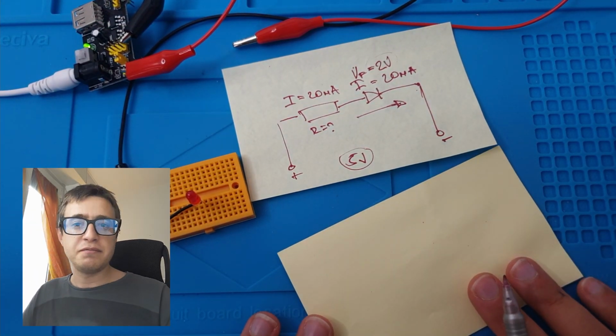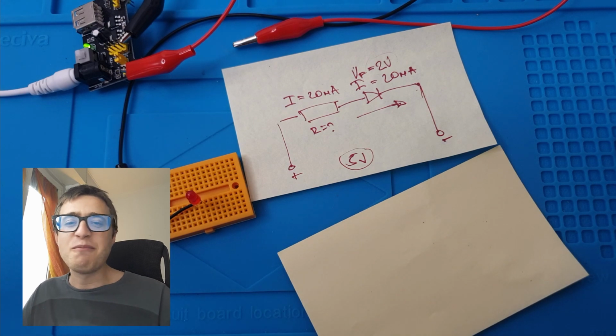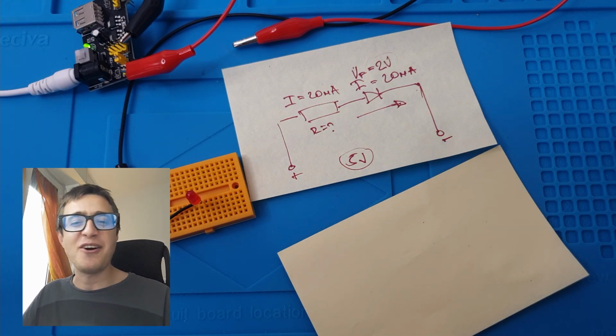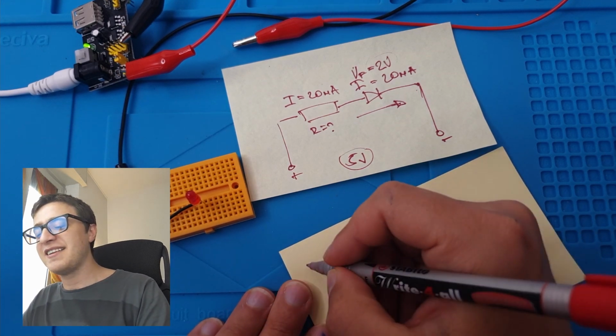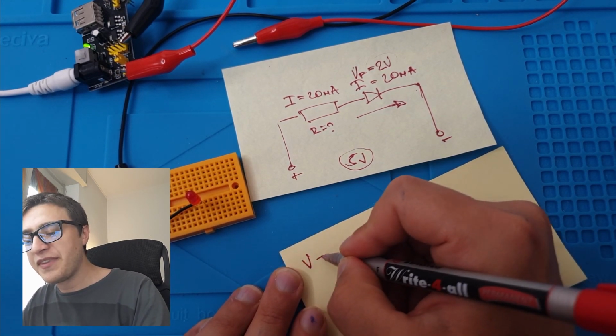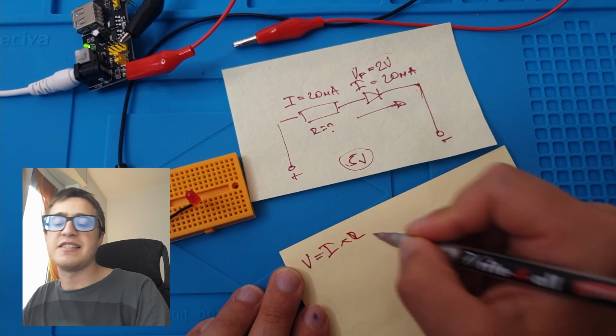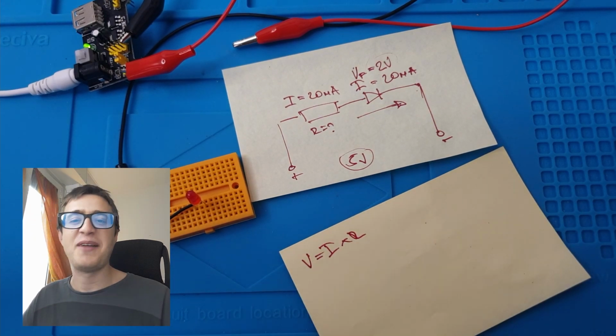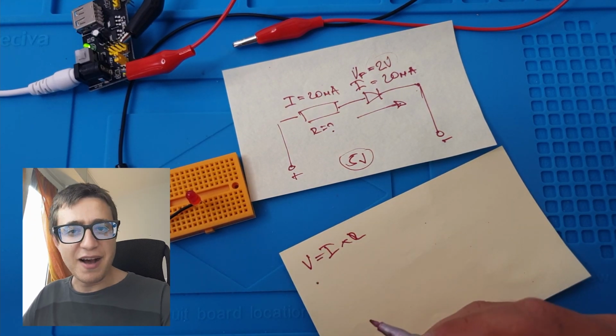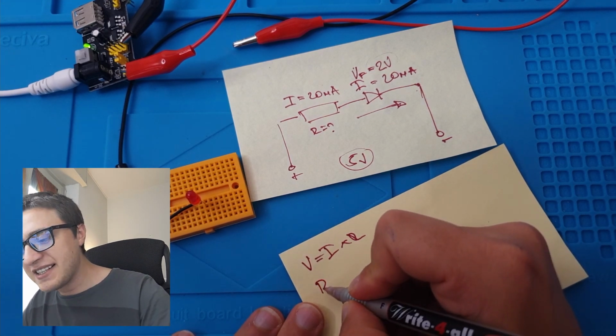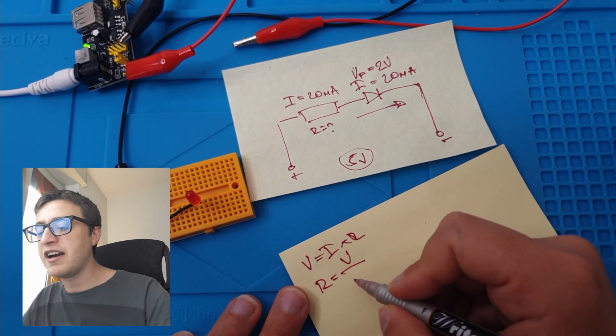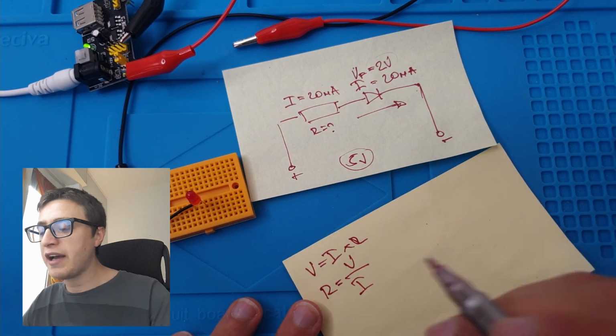So we can use the most used law in electronics, which is Ohm's law. So we know that the voltage equals the current times the resistance. Very simple formula. And from here, if we apply some algebra, we know that the resistance equals the voltage divided by the current. In our system, we have two voltages.